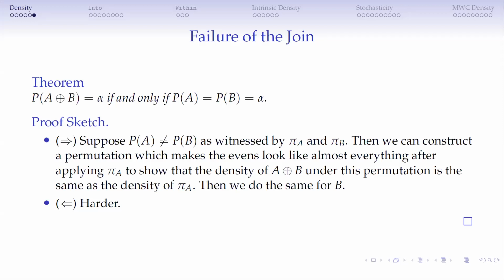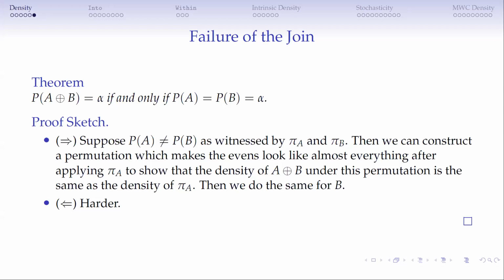If they have different intrinsic densities, then you can find permutations that make them look different. They have different densities, so you can cook up permutations that do essentially the same thing on the join for each half. So those two different permutations would make A join B have different densities, so it couldn't have intrinsic density. The other direction is a little harder, but it's essentially writing some things down, doing some analysis, and checking the details.